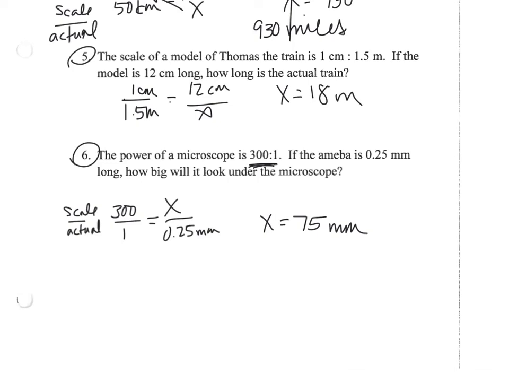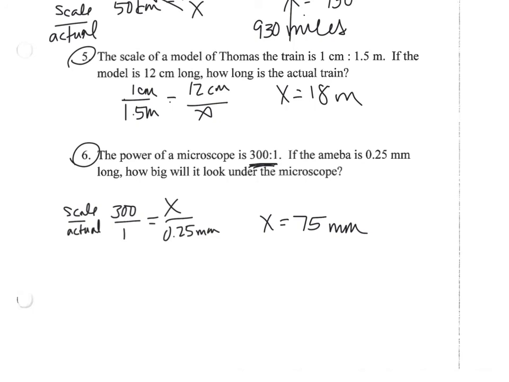In number 6, the difference with this one is that you're given a scale factor. So it just says 300 to 1. And if you look, it says the amoeba is 0.25 millimeters. So that scale factor is actually 300 millimeters to 1 millimeter. So then you have that scaled measurement to the actual measurement. So over on the right side of your proportion, the amoeba is 0.25 millimeters long.